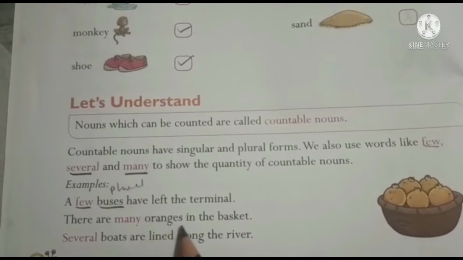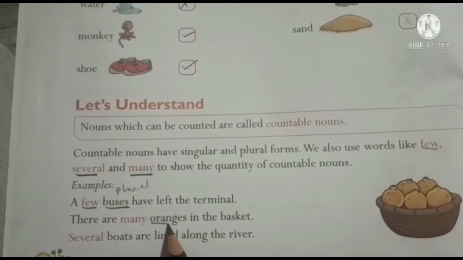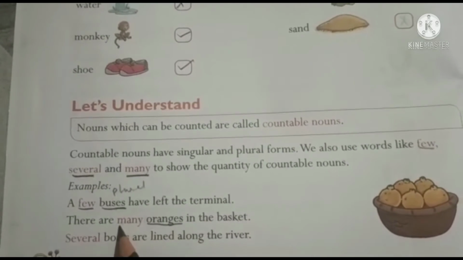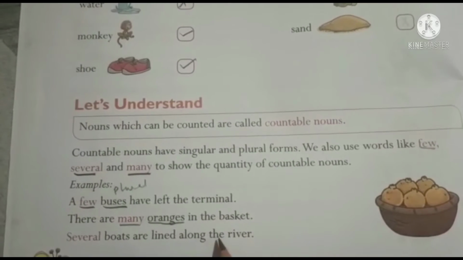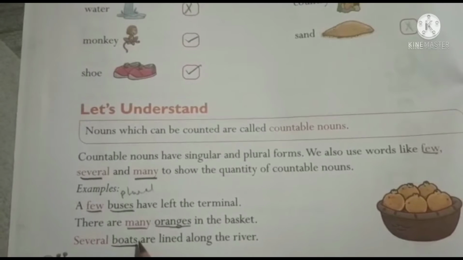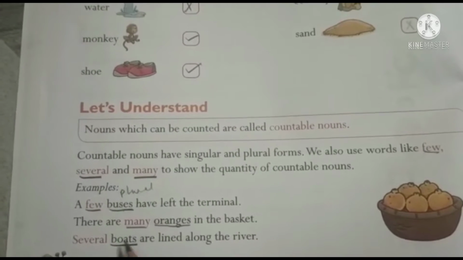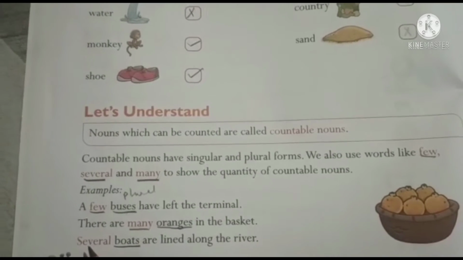Next is, there are many oranges in the basket. So oranges are countable, so we use many. Several boats are lined along the river. Here, boats is again plural. You can see S is there. And we have used several to show the quantity of countable nouns.